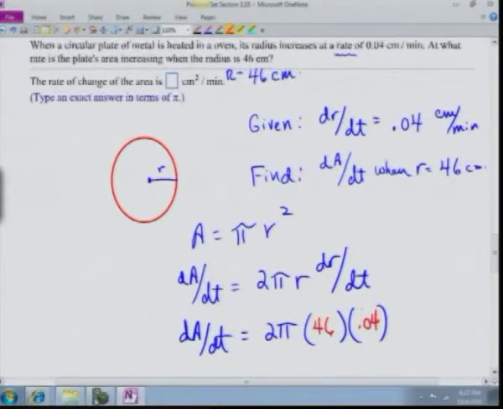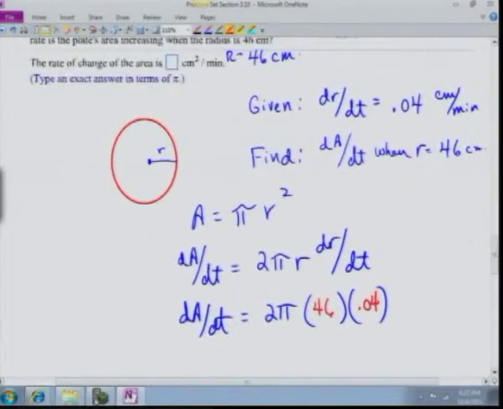When you read the question, you want to be sure and read the parentheses instructions, type an exact answer. If it's exact, you leave pi in the answer. You don't substitute the pi key. You don't use 3.14. Don't substitute anything for pi. Leave pi as part of your answer.